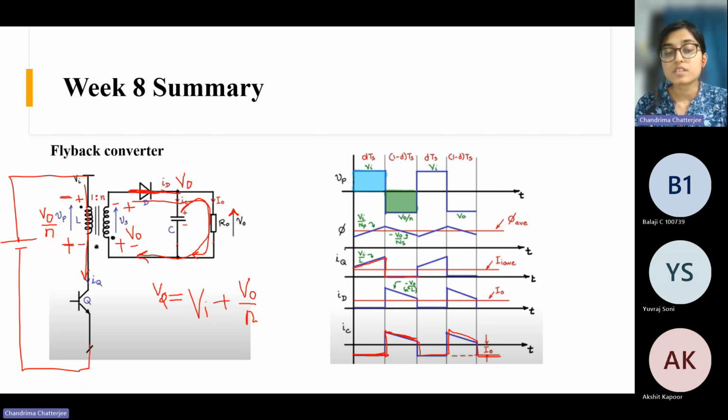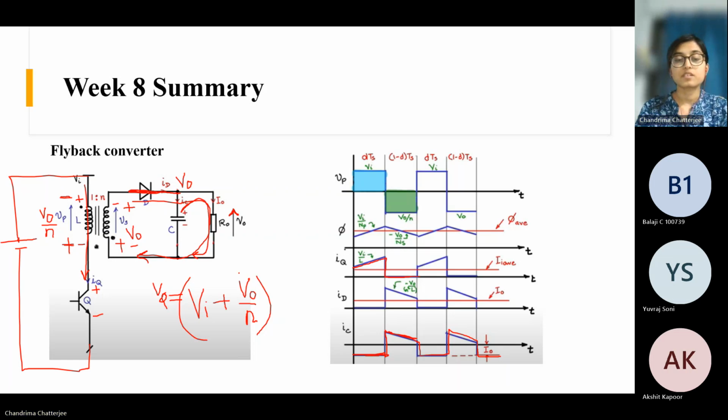So this is one drawback of flyback, that this device needs to withstand a large voltage, input voltage plus V naught by N. So the voltage rating of this device needs to be quite large for a flyback converter.